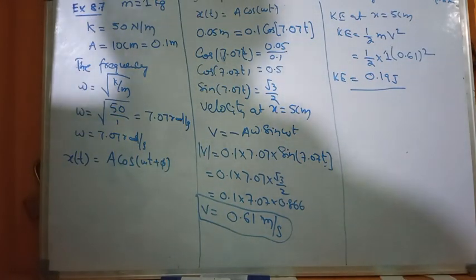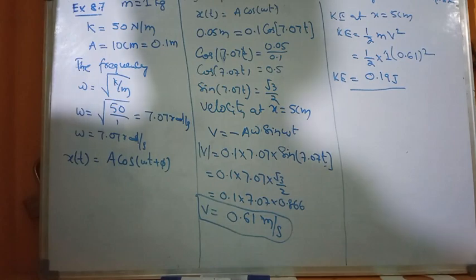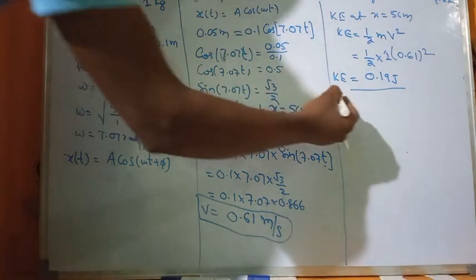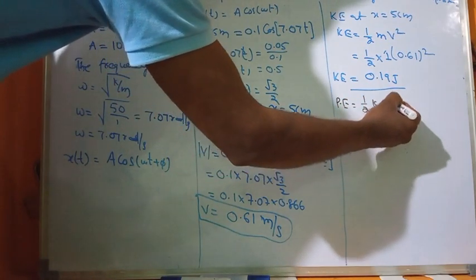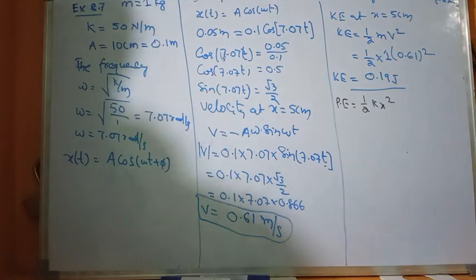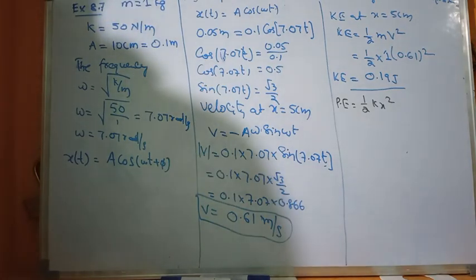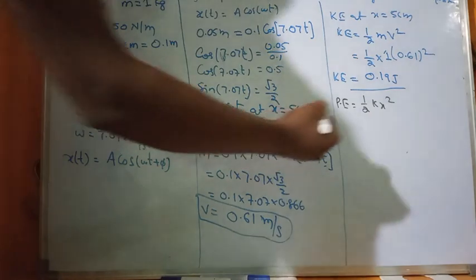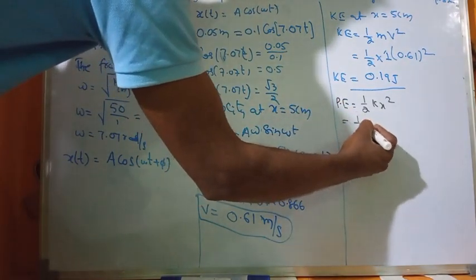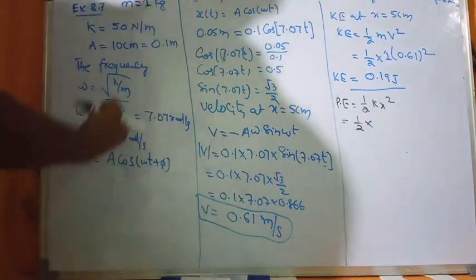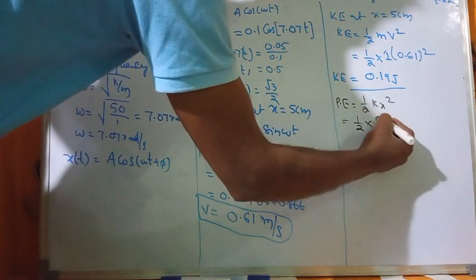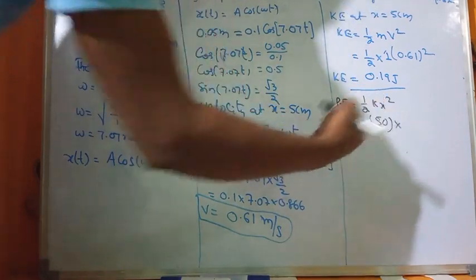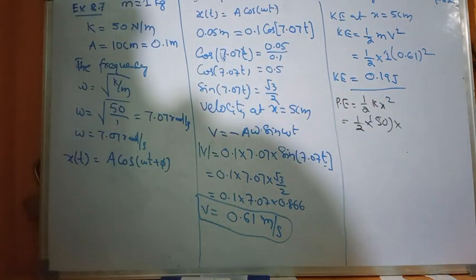Then the potential energy of the block. Potential energy is equal to half into k into x square in the case of a spring and block system. So it is half into k, where k is 50 Newton per meter, which we already got, into x square.